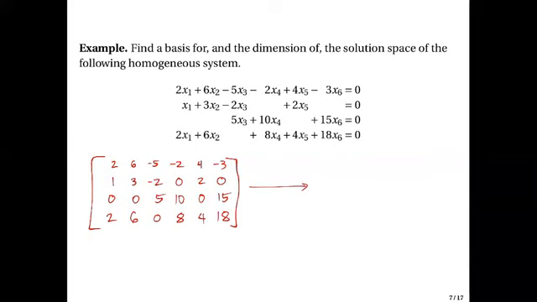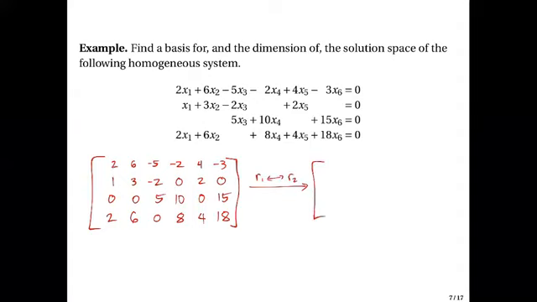Well, it's really not easy, but you have fractions, so it will make the computation more complicated. So what we're going to do is to interchange first row and second row. So row 1 interchange with row 2.